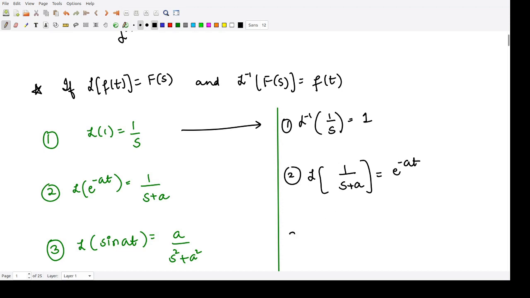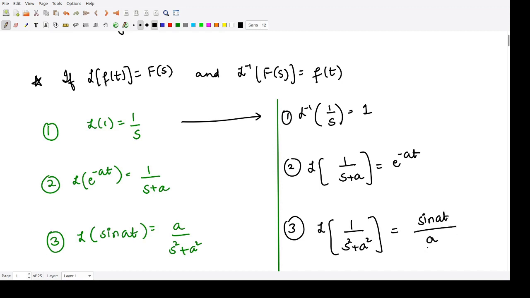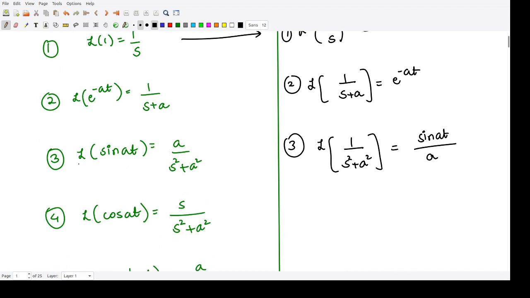And then the Laplace inverse of 1 upon s square plus a square is equal to sin at divided by a, because when you take Laplace inverse on both sides, this a, because it is constant, would come out of the inverse operator and would divide on the left hand side.